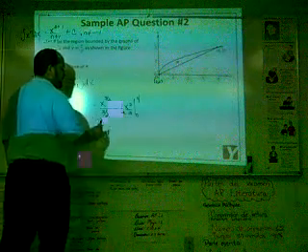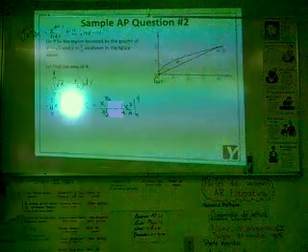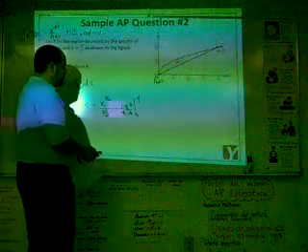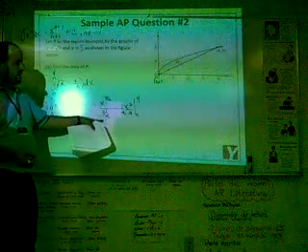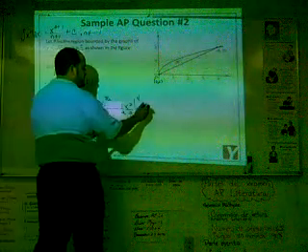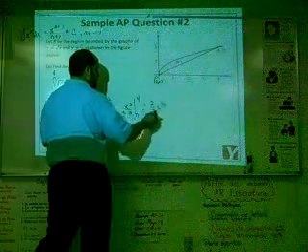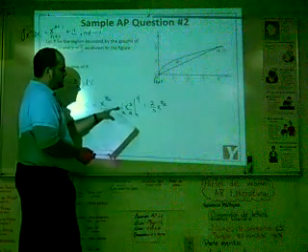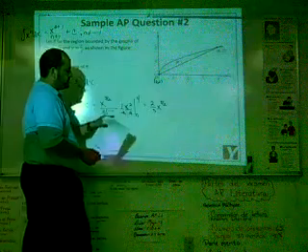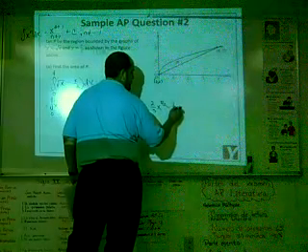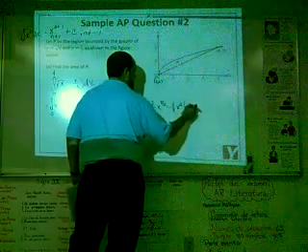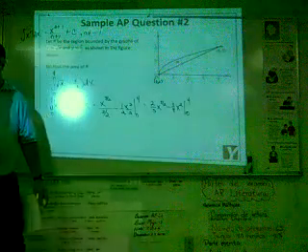I need to evaluate that function from 0 to 4. I can clean this up a little bit. X to the 3/2 divided by 3/2 is the same thing as saying 2/3 x to the 3/2, minus 1/2 x squared over 2 is the same thing as minus 1/4 x squared. We're going to evaluate it between 0 and 4.